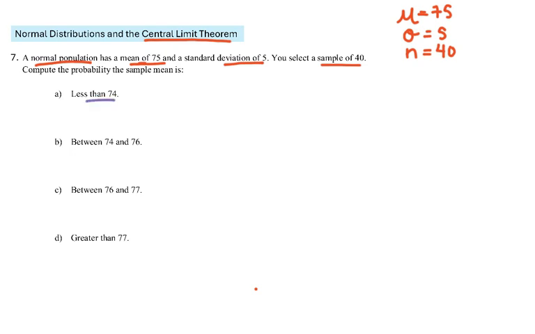So let's just do it together. They're saying, what is the probability that the sample mean is less than 74? So first thing we must do, the z value is going to be this sample mean minus the population mean. Instead of just dividing by the standard deviation, we divide by the standard deviation over the square root of n, the sample size.